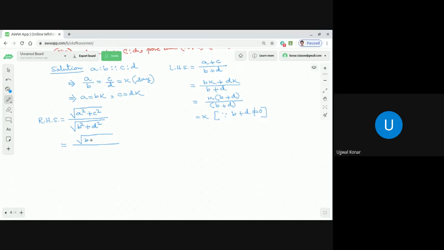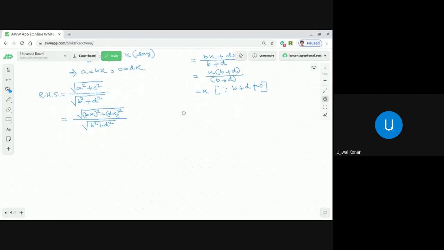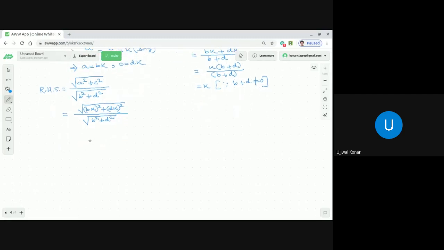B into K whole square, plus C square is nothing but D into K whole square, divided by square root of (B square plus D square). We can take K common outside.